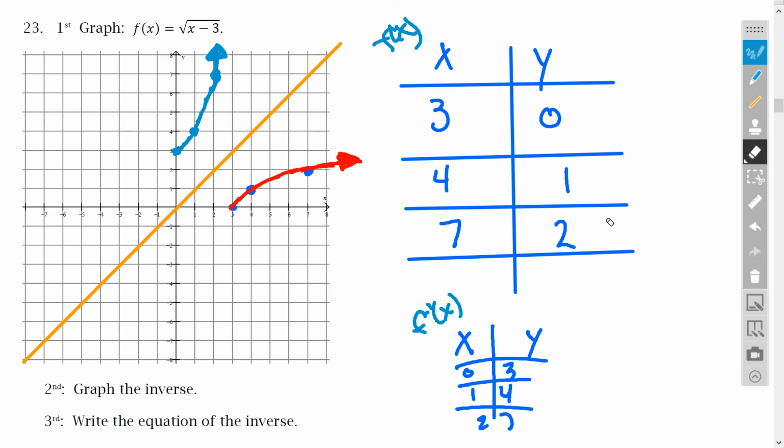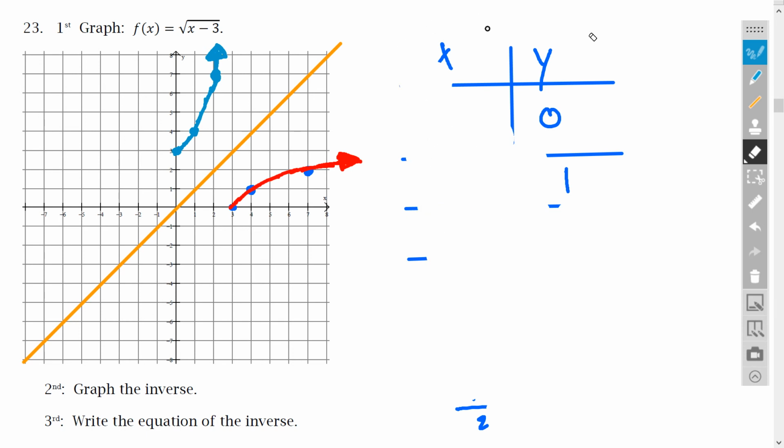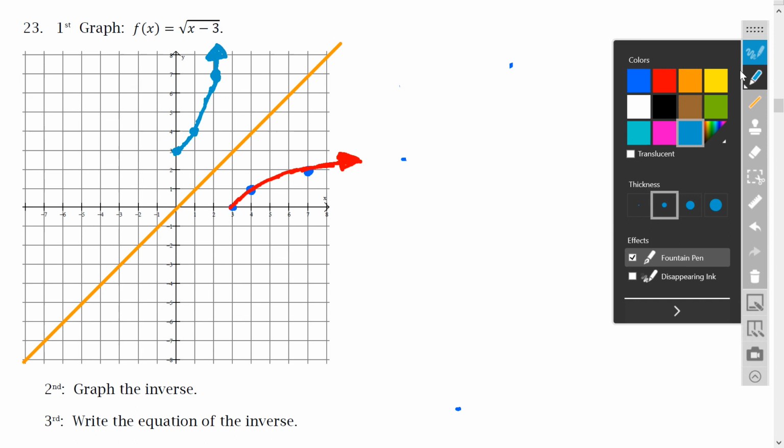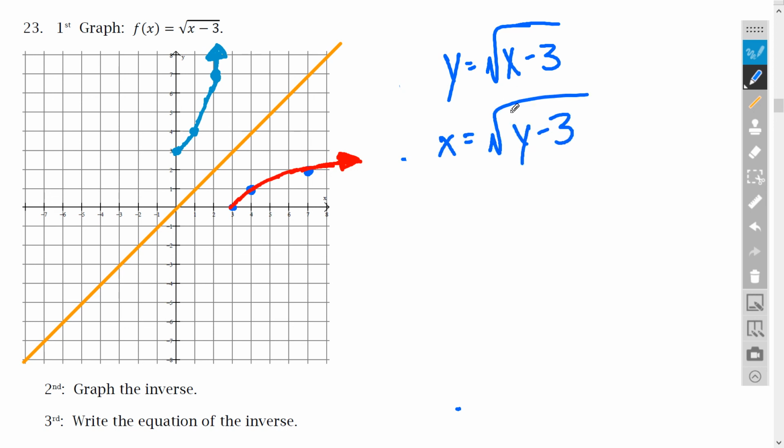To write the equation for the inverse function, we write the equation y equals square root of x minus 3, and then we write it again, but we switch the x and y, so x is equal to square root of y minus 3. And then we solve this for y.